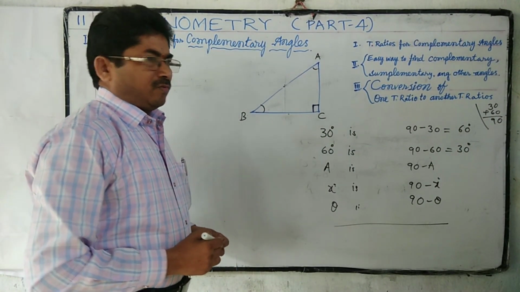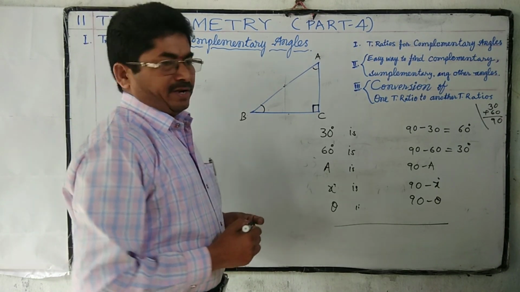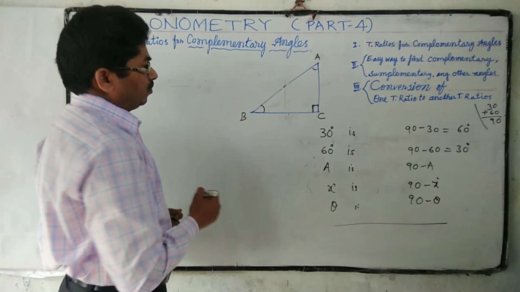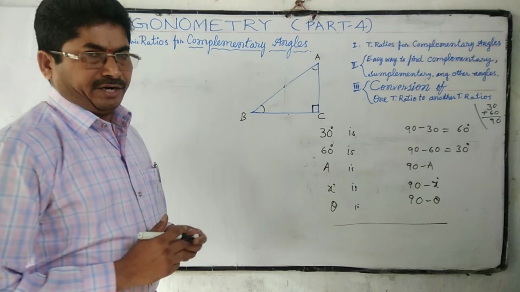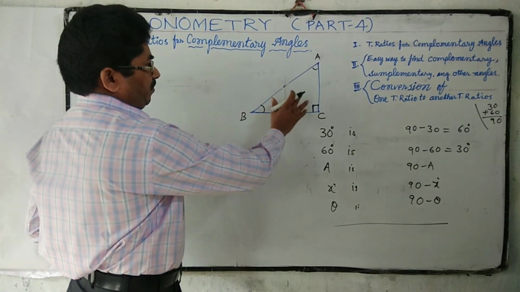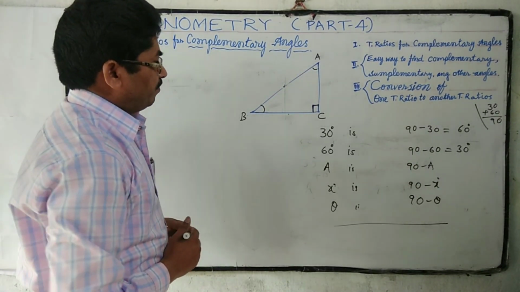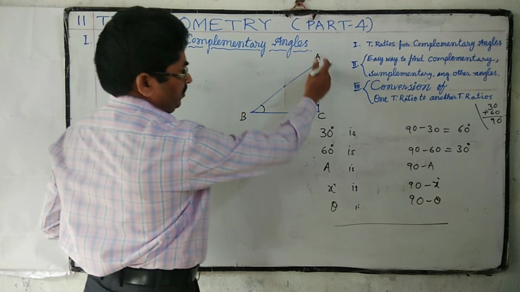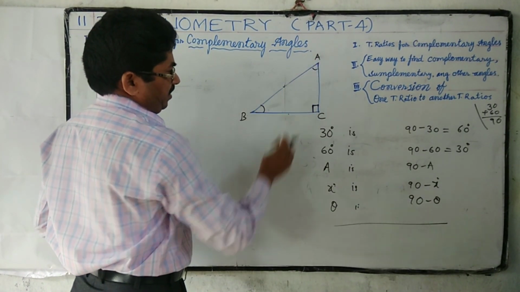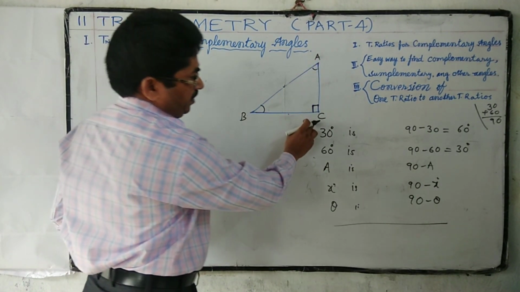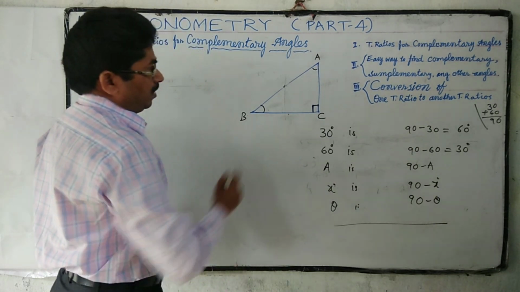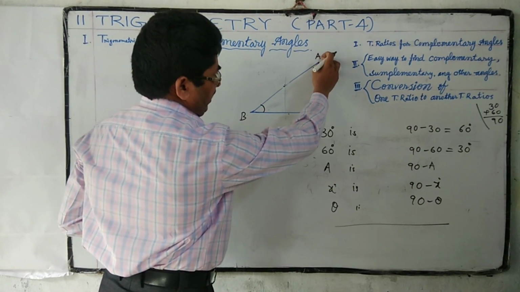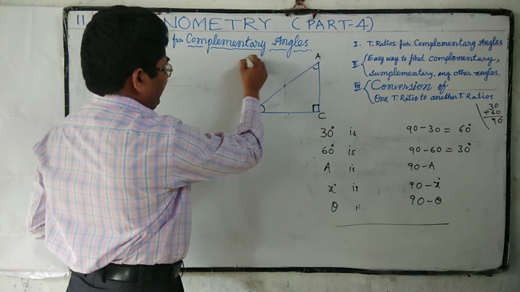Now we can see this in trigonometric ratios. To know the trigonometric ratios, we have to take a right angle triangle. This is a right angle triangle ABC. The right angle is at C. Angle A is an acute angle.